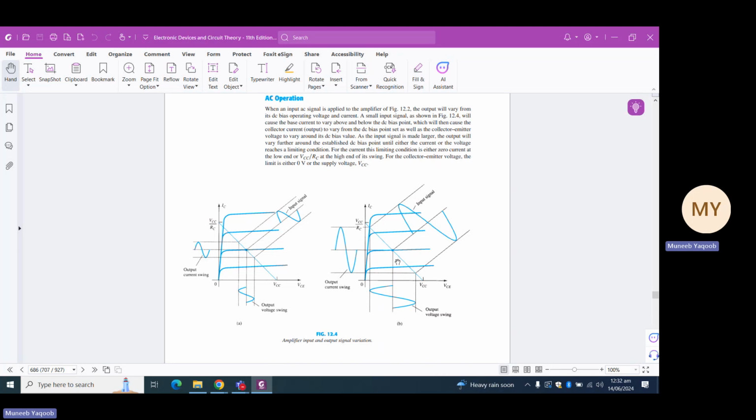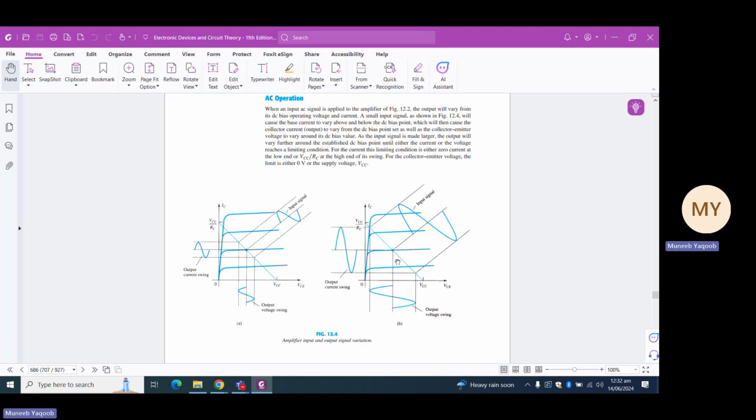Then we draw the load line using the output equation discussed a bit earlier. After drawing the output characteristic curve and the load line, we select a point as our quiescent point, like in this figure 12.4a, where you can see a dot representing the quiescent point.